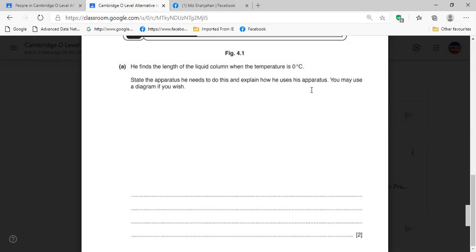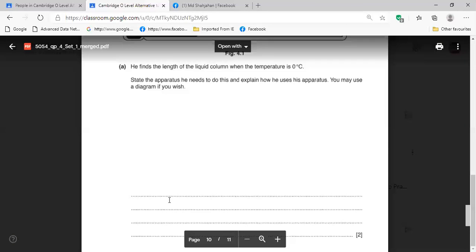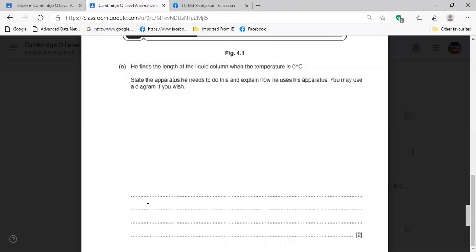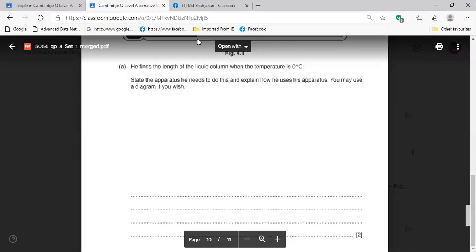Dip the thermometer in melting ice. Yes. So you write here. Whatever you are saying, I'm writing. Say again. Dip the end of the thermometer in melting ice.